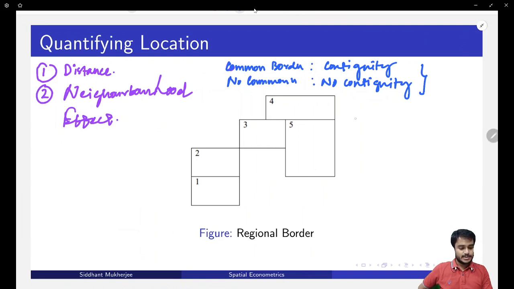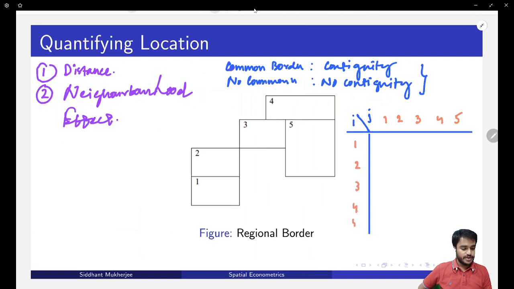Let this be region i and this be region j, and we can form this matrix form. Here j is 1, 2, 3, 4, and 5, and for i, regions 1, 2, 3, 4, and 5.